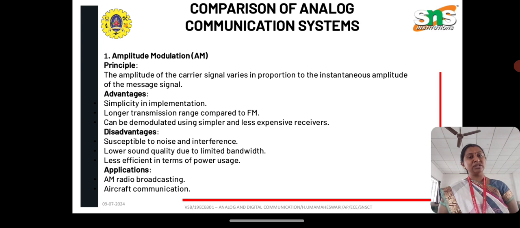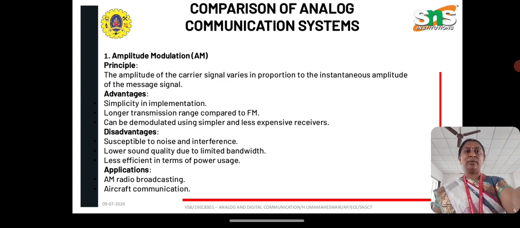The main disadvantage is that it is susceptible to noise and interference, and has lower sound quality due to the limited bandwidth. It is less efficient in terms of power usage. The main application is in AM radio broadcasting and aircraft communication.